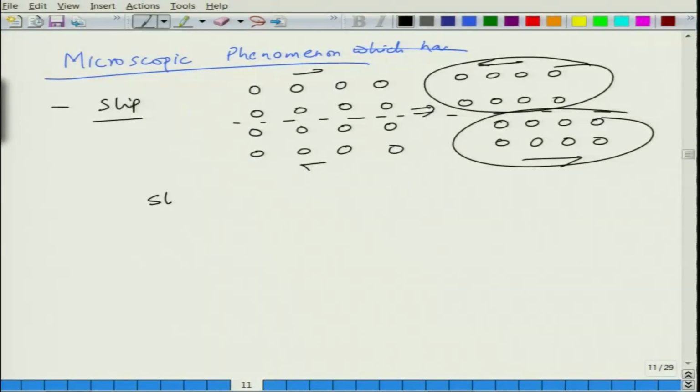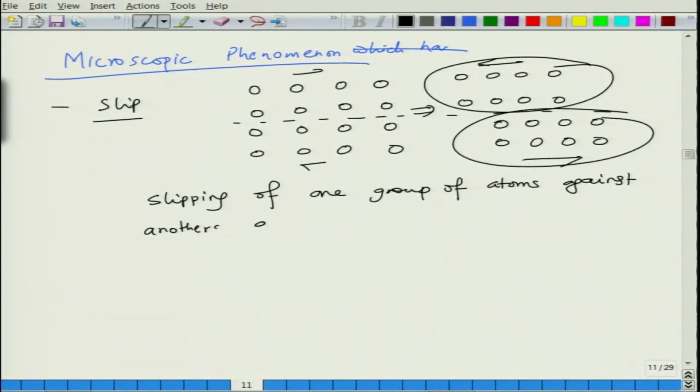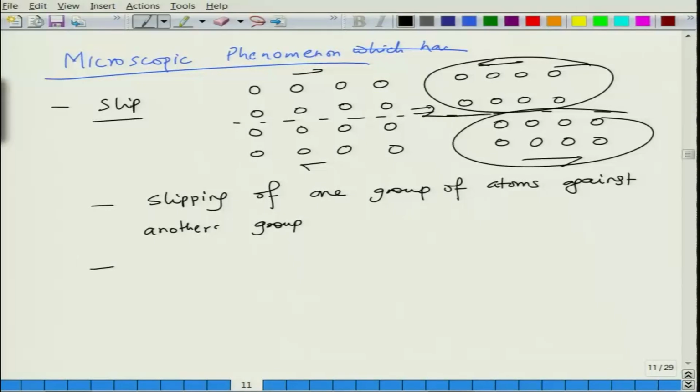Basically it is a slipping of one group of atoms against another group, and this happens in a very coordinated manner. It does not happen on any plane, it happens across certain planes.